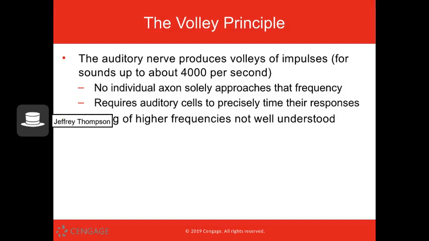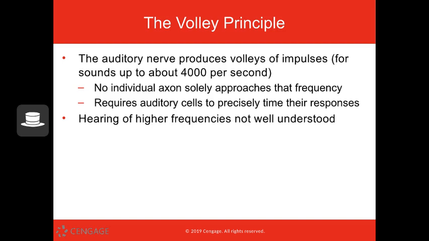So our auditory nerve produces a lot of impulses. It can be up to 4,000 per second, which is a lot. So no individual axon is firing that quickly. What is happening is our auditory cells are precisely timing their responses.